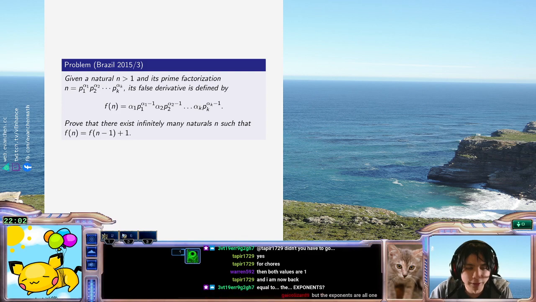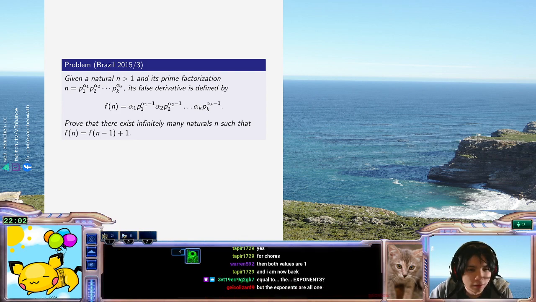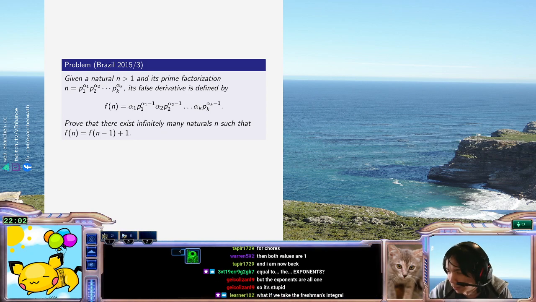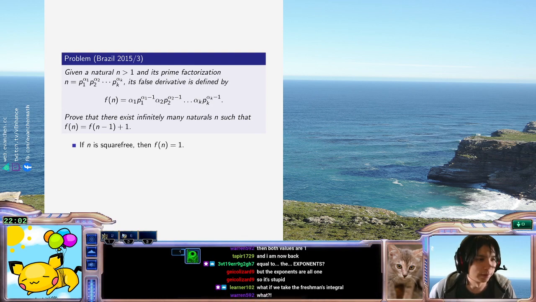If n is square free, then f of n is literally 1. It's given exactly by 1. Okay, what would it take for it to equal... okay, that's never going to work.